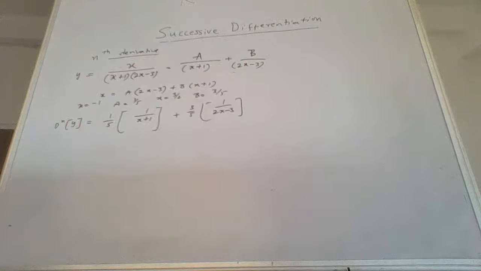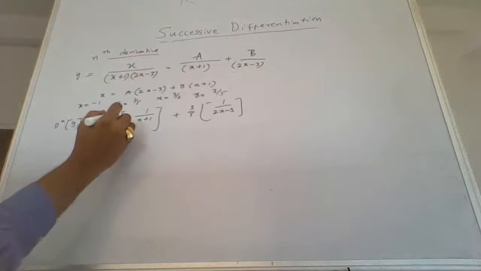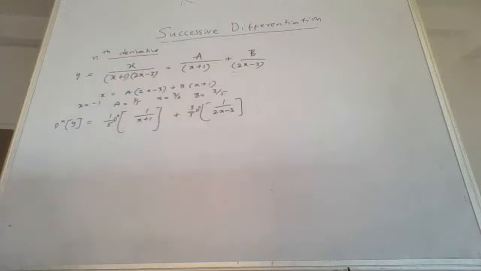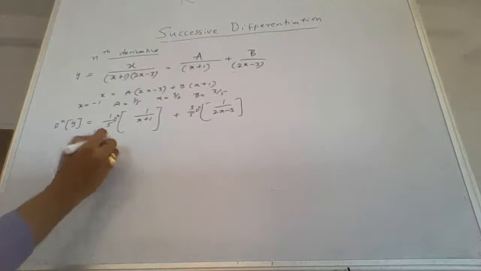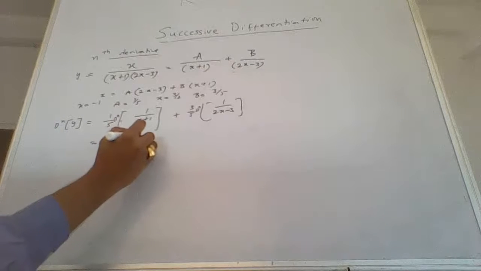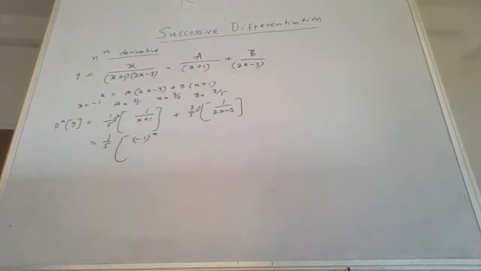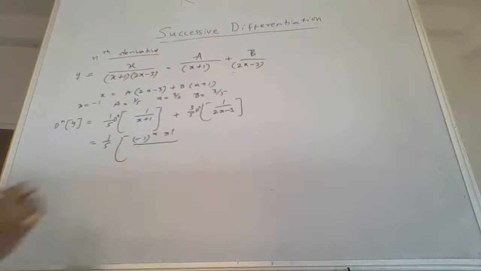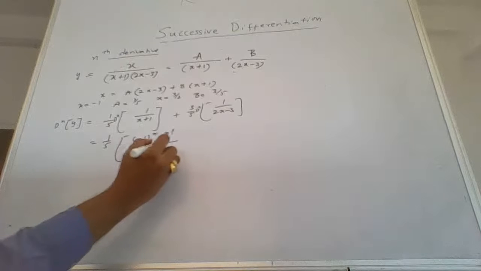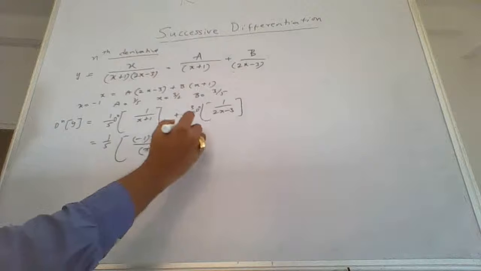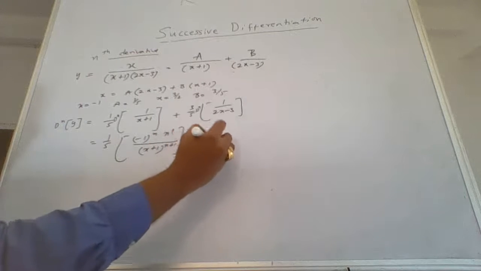So the nth derivative of this would be d to the power n on each. That would be 1 by 5 times minus 1 to the power of n into n factorial divided by (x plus 1) to the power of n plus 1, plus 3 by 5.